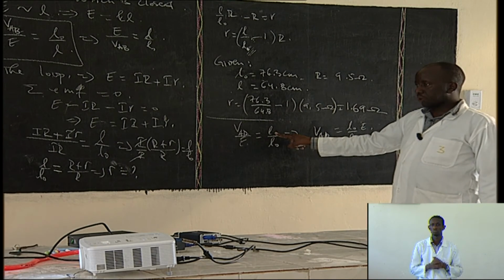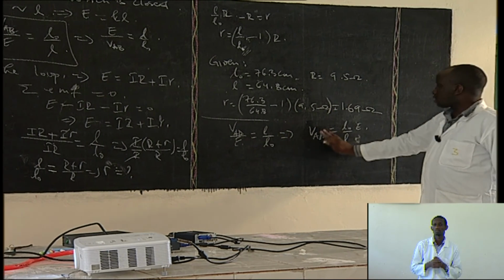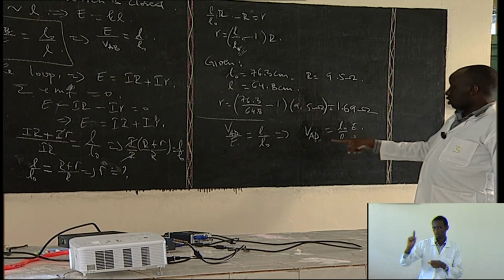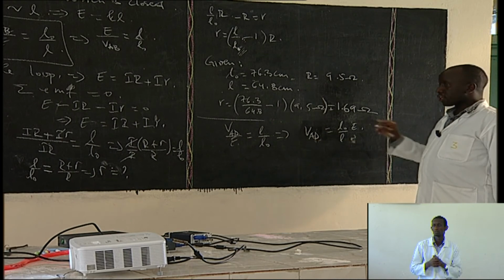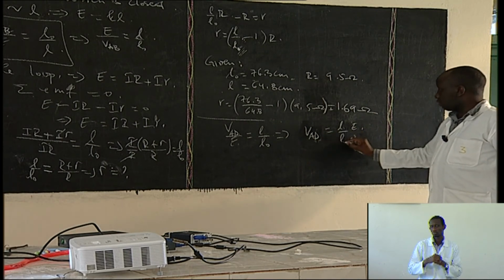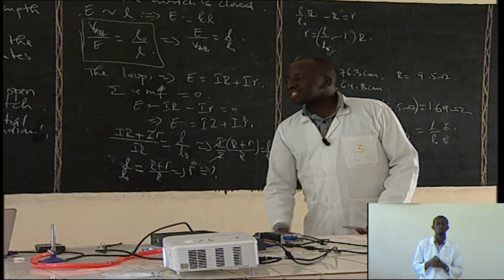This is what we consider here, so we match with the diagram that we have there. Then this VAD will be equal to, over L0. This is what we have.